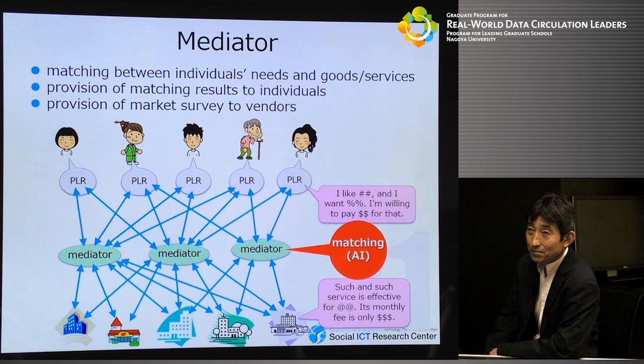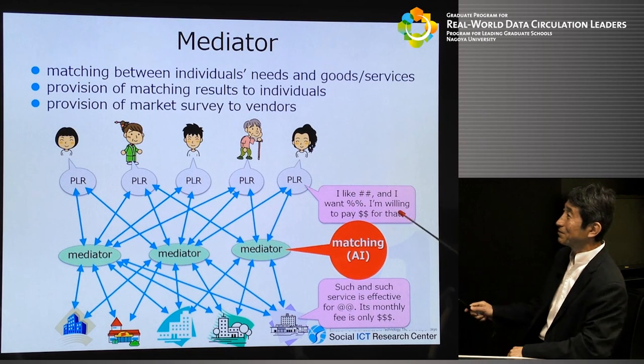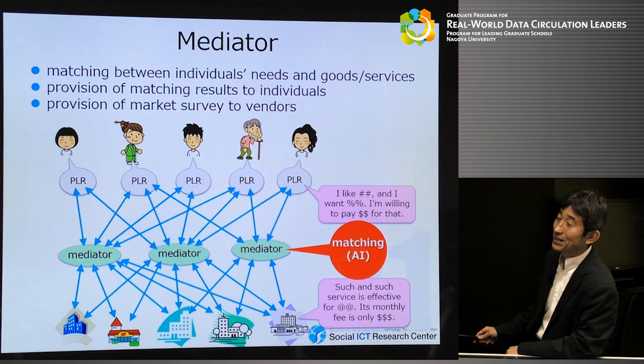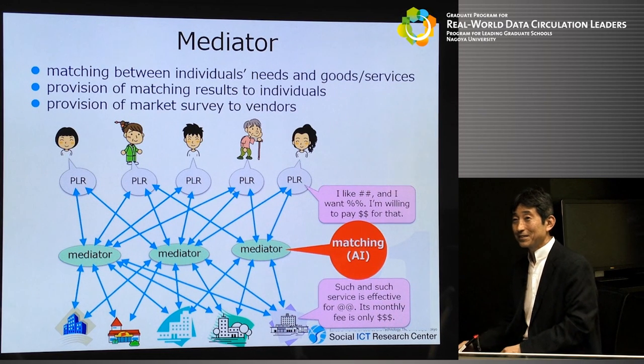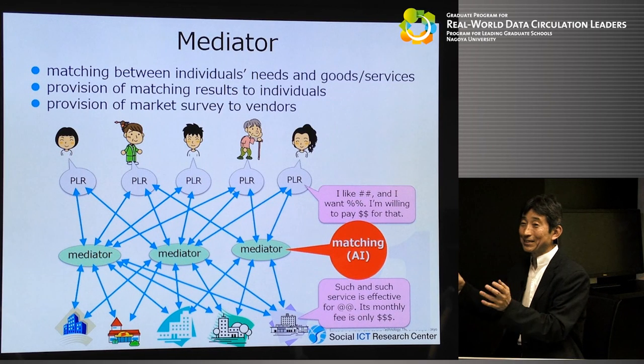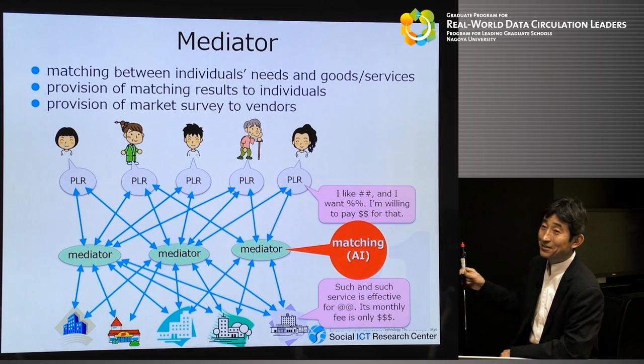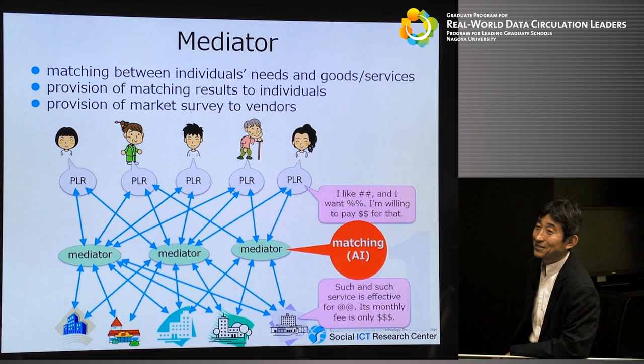So I'm wondering if this mediator does not read raw data, how could it understand? So the format of these requests and advertisements must be standardized in such a way that the computer can detect the meaning, understand the meaning in some formal language. So is that a risk?